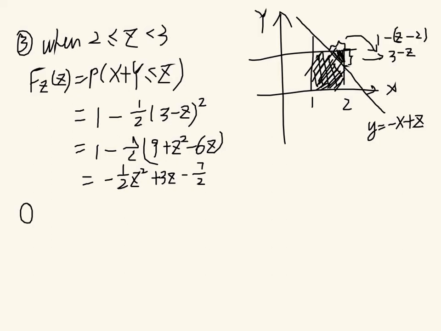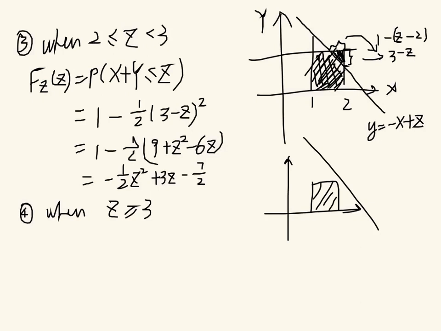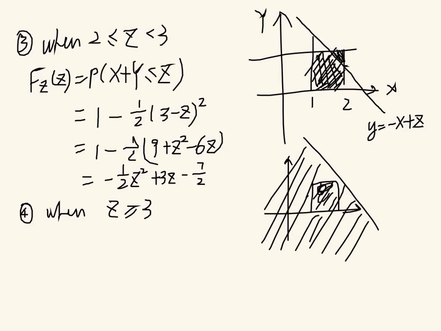And the last situation is when z is larger than or equal to 3. It should be like this. So we know that all of the shaded area is inside of this bigger shaded area.